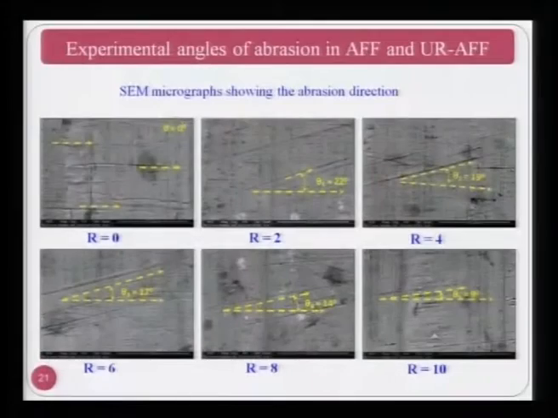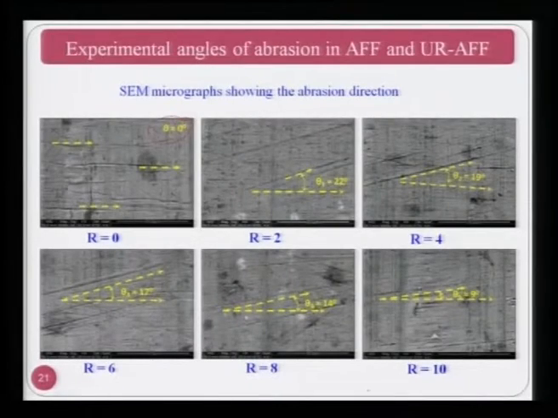Now you can see here the material is being removed at 0 degree, which means it is very close to, or really is, the abrasive flow finishing process, while in the following figures theta 1 is 20 degree, in another case 19 degree, then 17 degree, 14 degree and 9 degree.